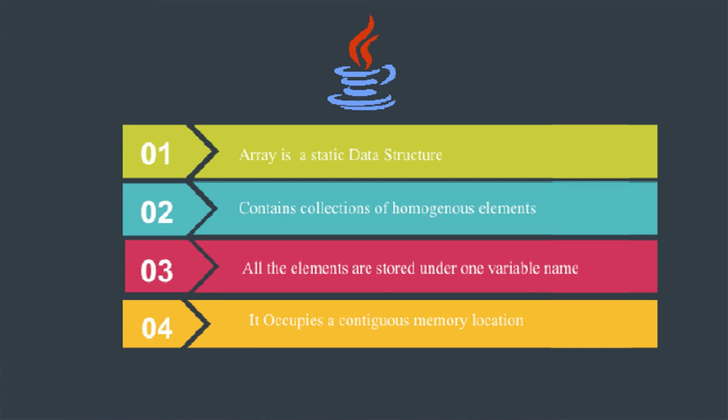If you are going to create an array for integers, it must contain only integers. All elements are stored under one single variable name, so we have a reference variable which will be pointing to the array. The data stored in an array is in a contiguous memory location.